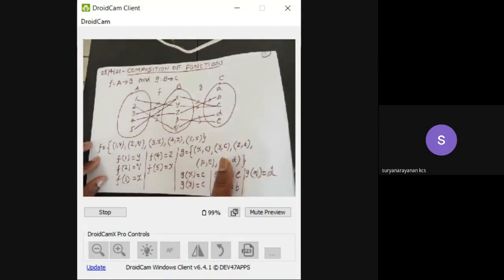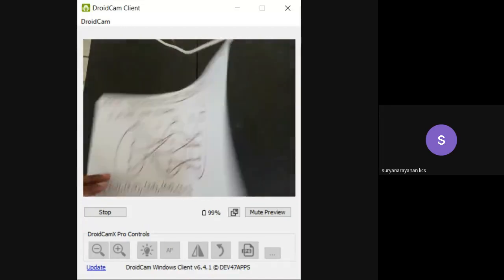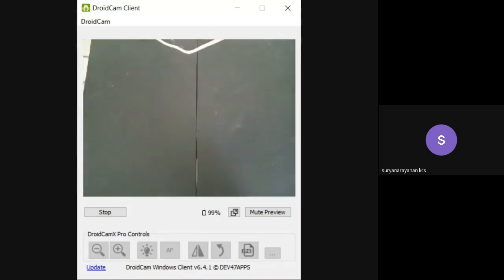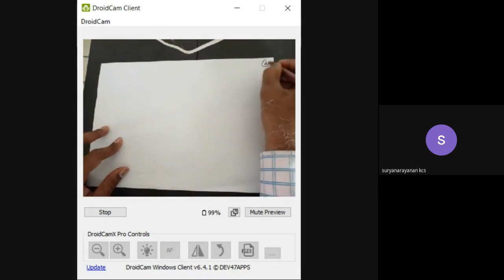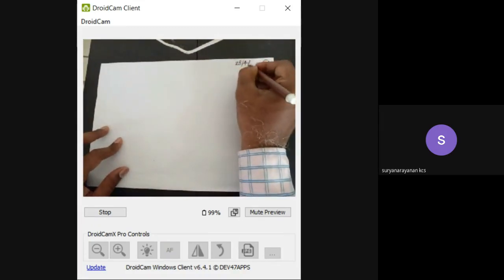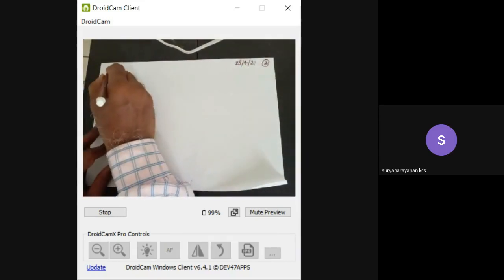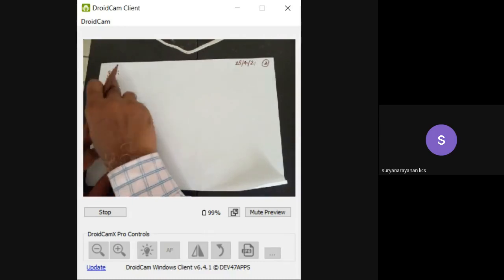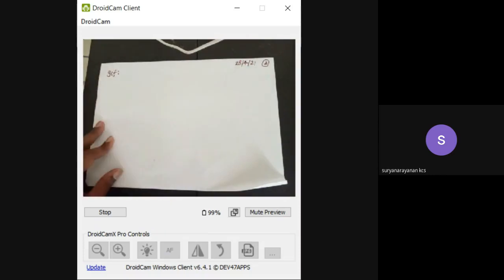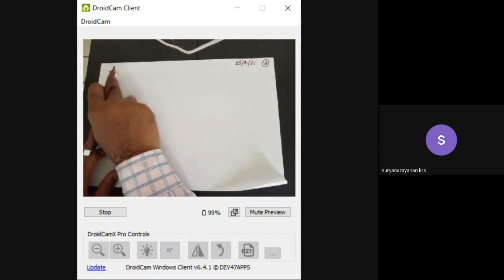Now we define the composition of these two functions. It is denoted by G O F. This letter should be a small o.